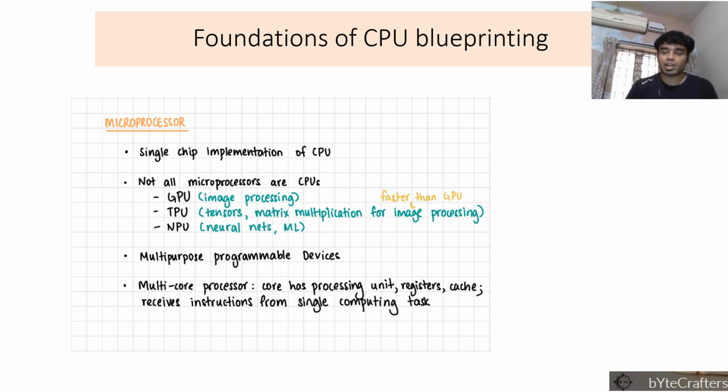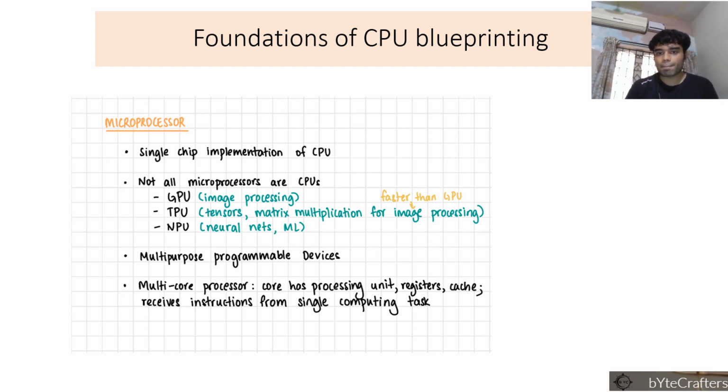There are so many people asking it so many things, but how is it able to process all of it? So there comes another higher level of processing that comes under NPU. And what follows next is that every processor has a core processing unit, registers, and cache, where it receives instructions from a single computing task.